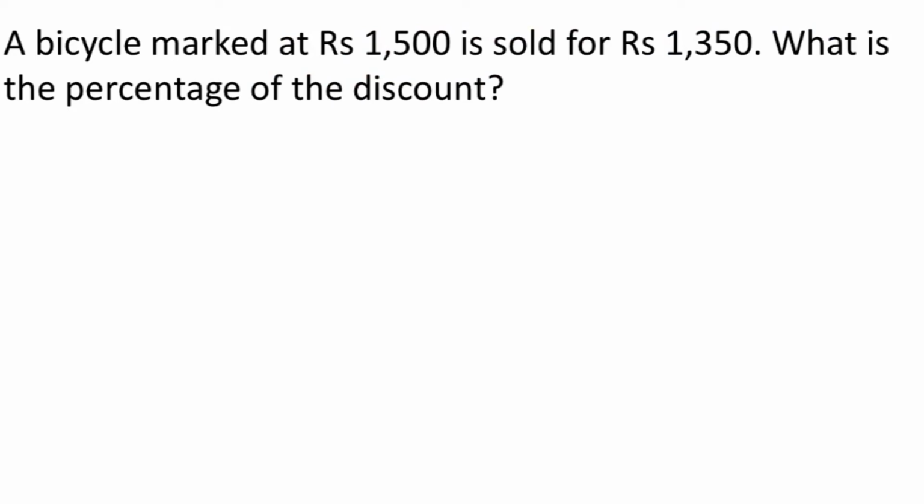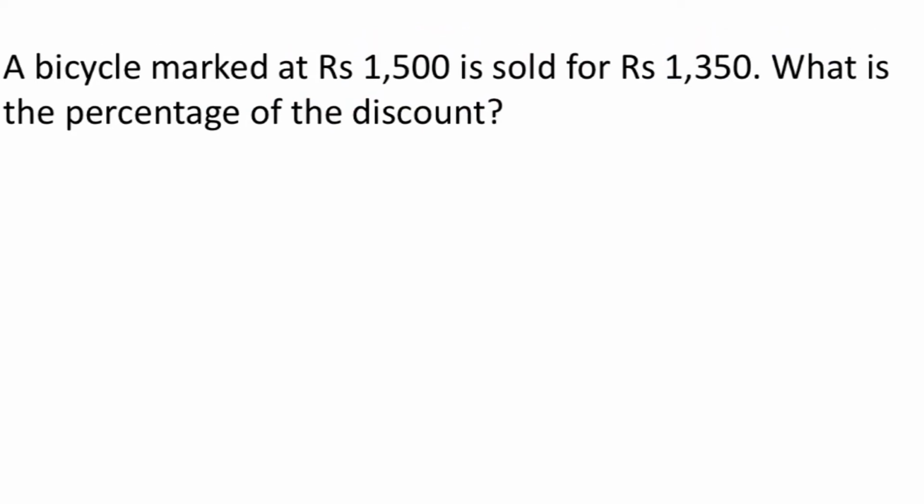A bicycle marked at 1500 rupees is sold at 1350 rupees. Market price is 1500 and selling price is 1350. What is the percentage of the discount? Discount percent is required.